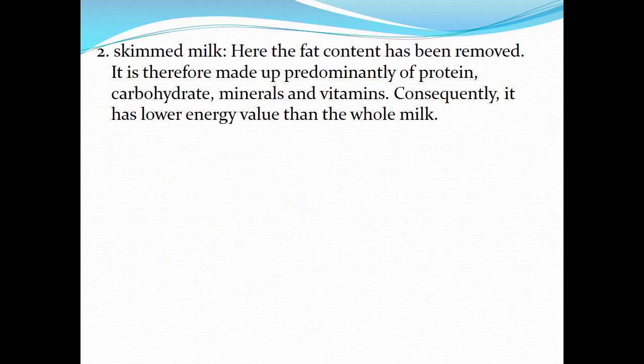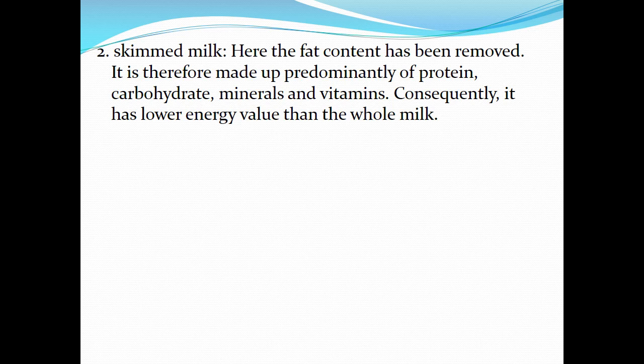The second type of milk is what we call skimmed milk. Here, the fat content in the skim milk is removed. It is therefore made up predominantly of protein, carbohydrates, minerals, and vitamins.